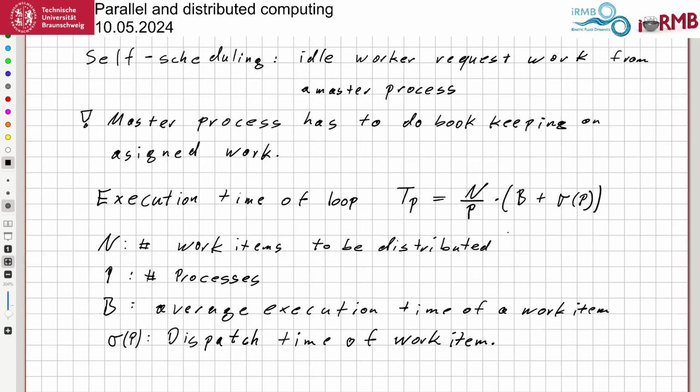This is of course useful if asking for new work is not expensive compared to the work that you have to do. This means that B, the work you're supposed to do, is much larger than the dispatch time. Then getting new work is obviously useful.